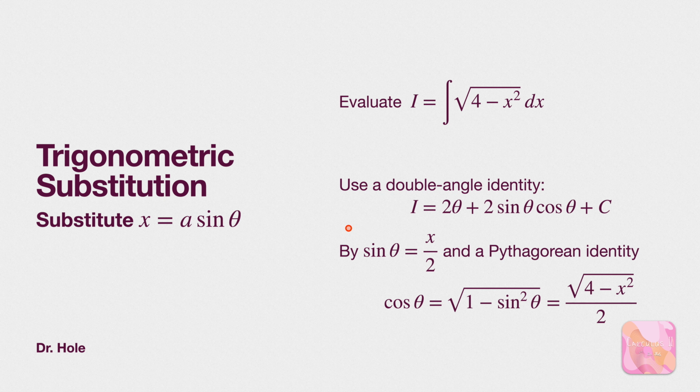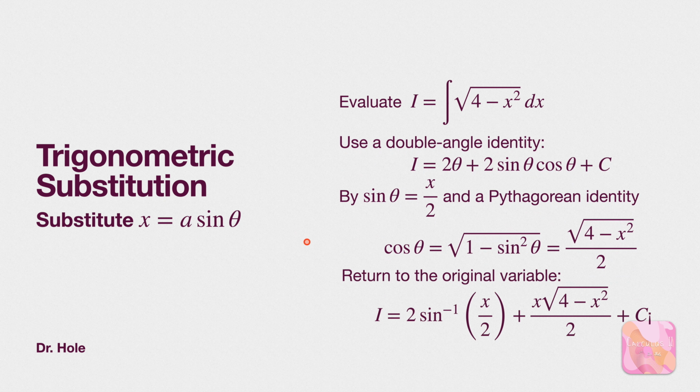2 sine of theta is x. 2 theta, solve x equals 2 sine theta for theta by applying arc sine. So 2 theta becomes 2 arc sine of x over a. 2 sine theta is x, and the radical over 2 is cosine.